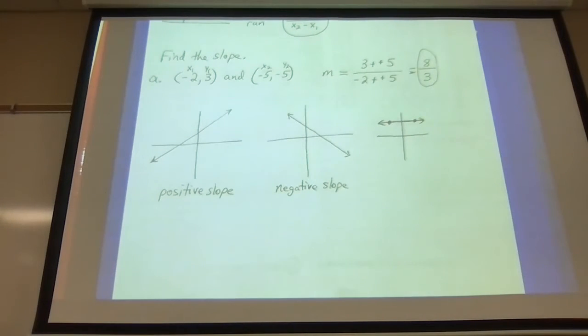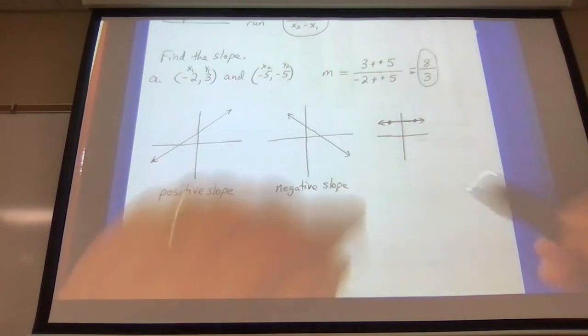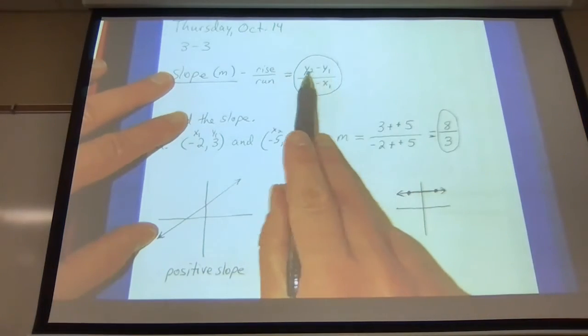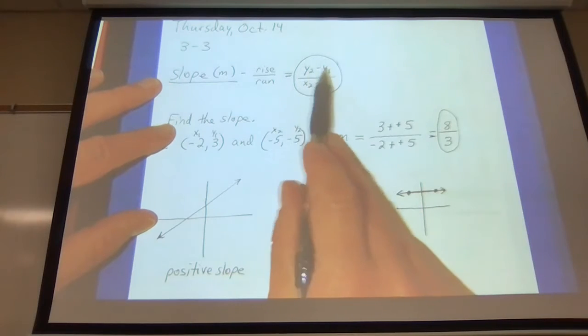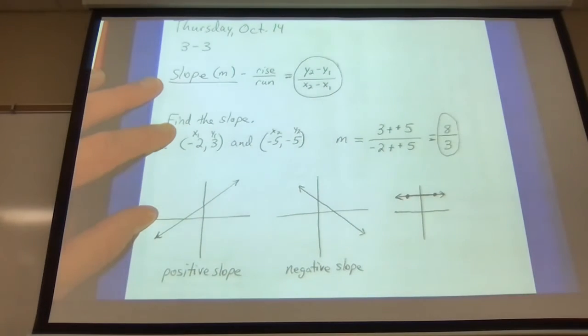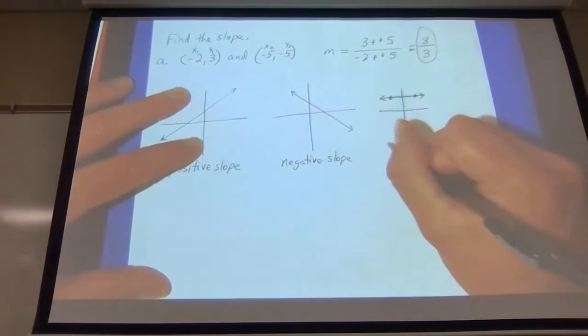Their X coordinate or their Y coordinate? Their Y coordinate. Now, if you think about it, you subtract the Y coordinates on top. If I subtract the same thing on the top, I'm going to get a 0 on top. What's 0 divided by any number? 0. So this one has a slope of 0.